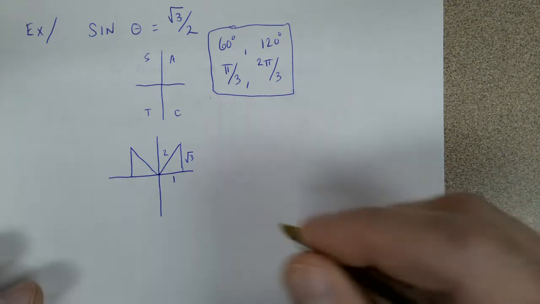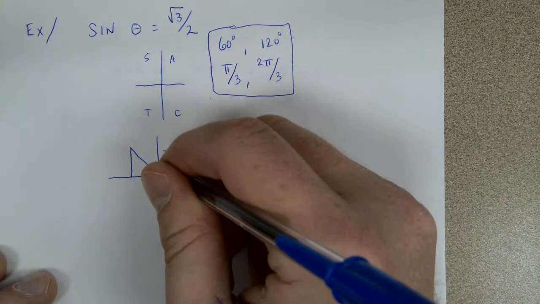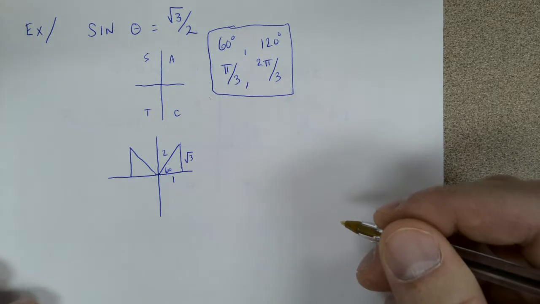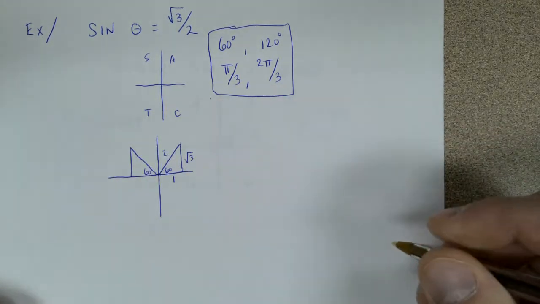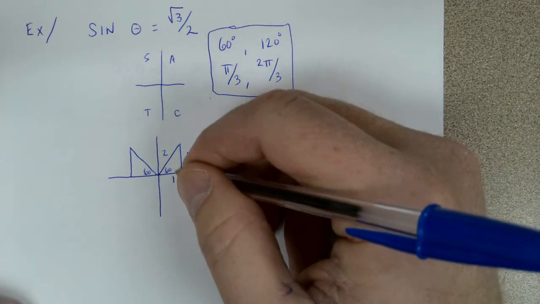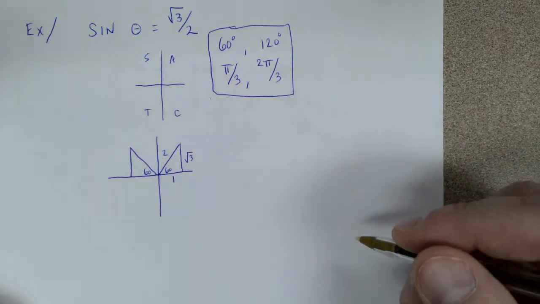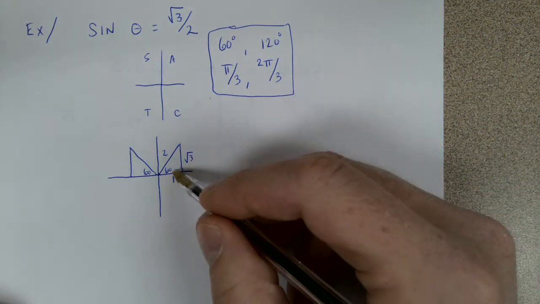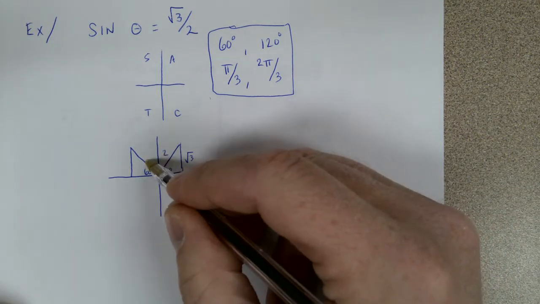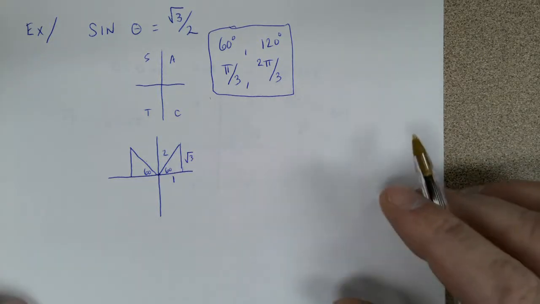If we're using our triangle, the side opposite the radical 3 has to be the 60. So we can still be at 60. We go around to here, that's going to put you at 120.